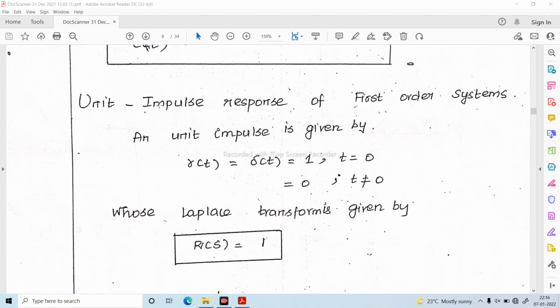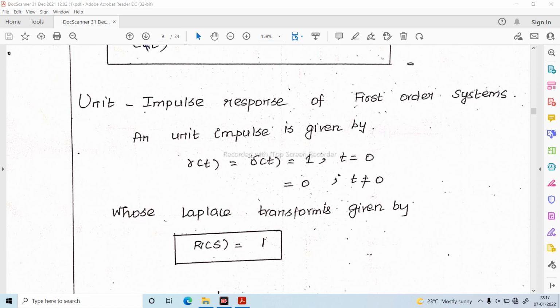And next we are going to see the unit impulse response of the first order system. Already I have explained the Laplace transformation of delta of t, that is equal to 1 when t is equal to 0, and that is equal to 0 when t is not equal to 0.